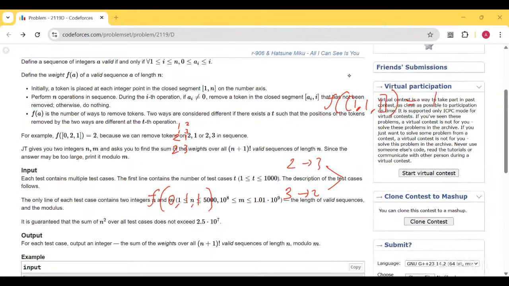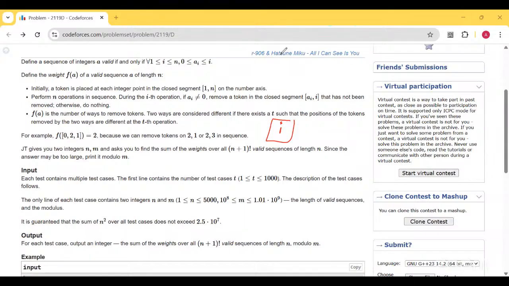Wait, Hasan Arif asked, what if there is no token on segment a_i to i? I think there always exists one, because token i always exists.